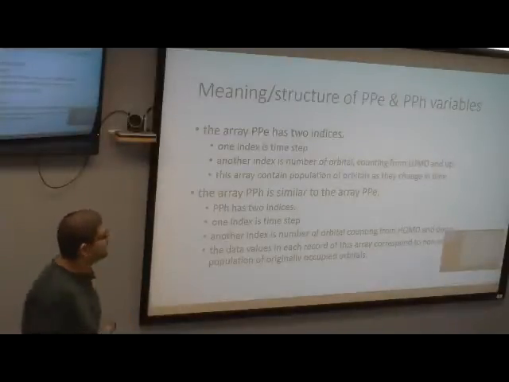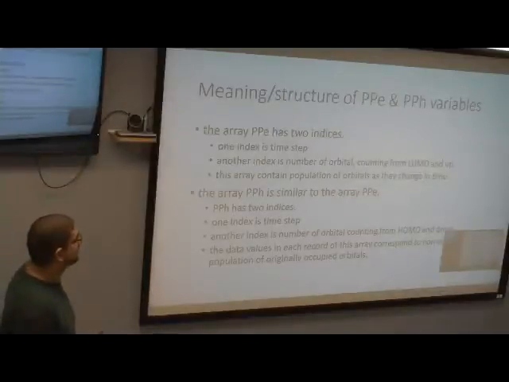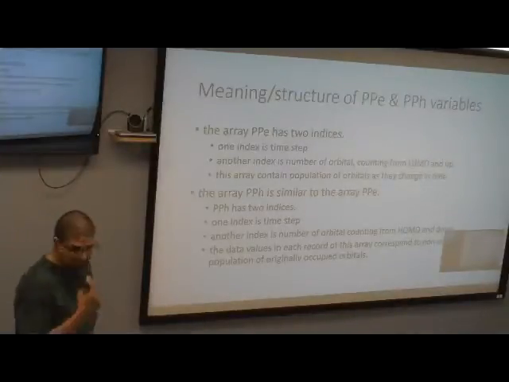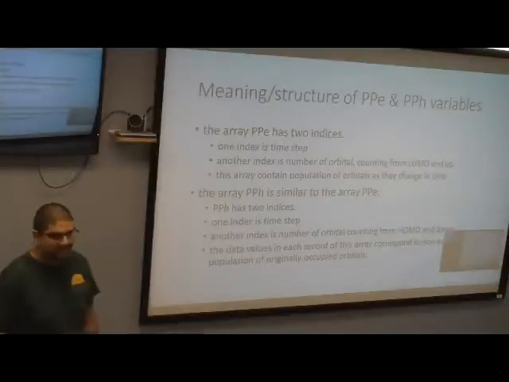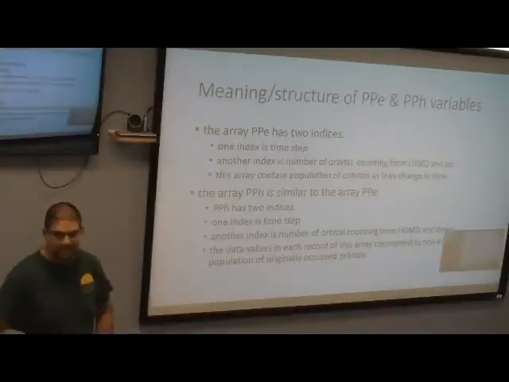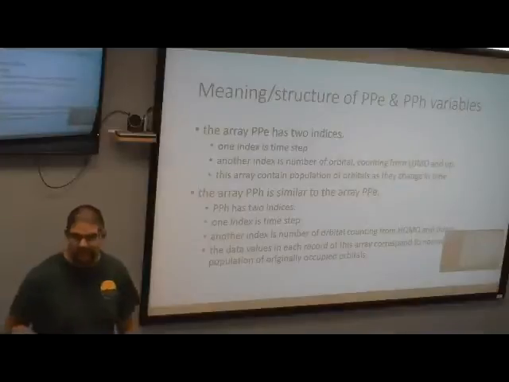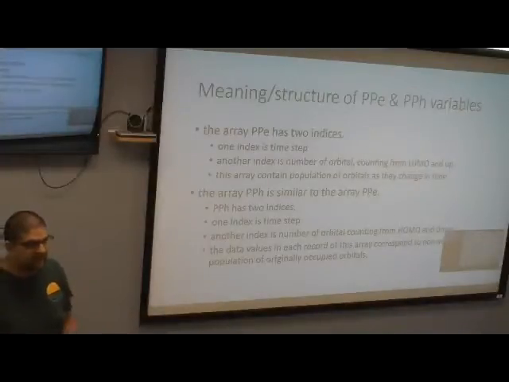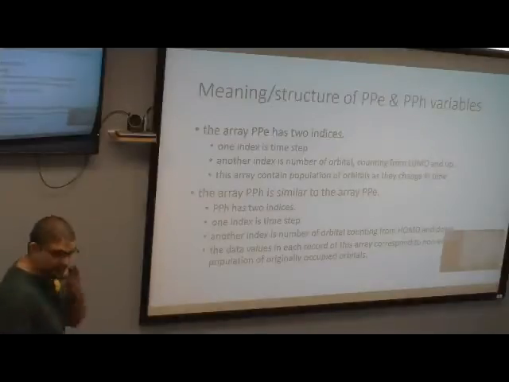Next we're talking about the meaning and structure of the PPE and the PPH variables. PPH is the population of the electron hole, and PPE is the population of the electron orbital. Just to clear that up.